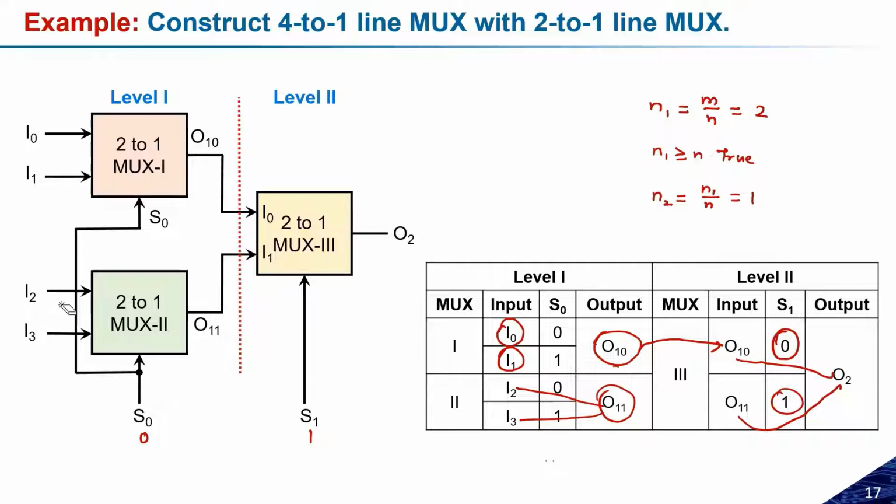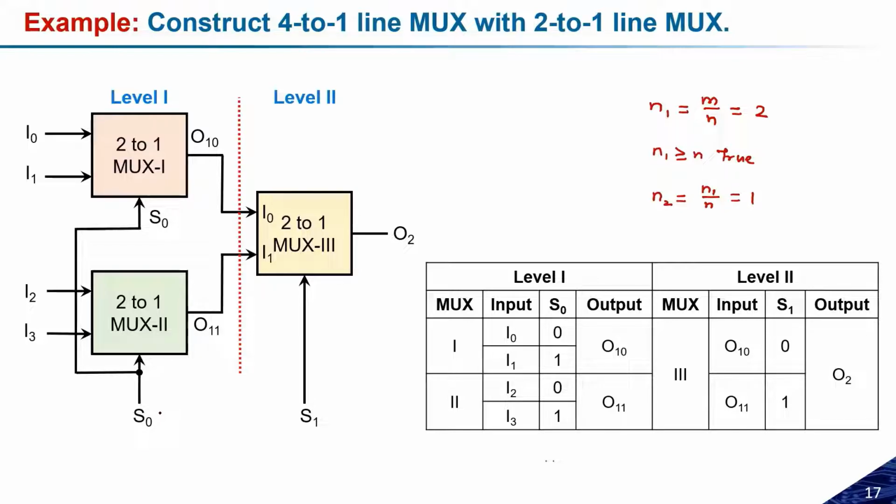If the combination is 0, 1, then I1 will be the output. If 1, 0, then I2 will be the output, and 1, 1, I3 will be the output. This is simply how we can decide how many multiplexers are needed to make the higher order mux. And here S0 and S1 will combinedly act as the control signal for this multiplexer.